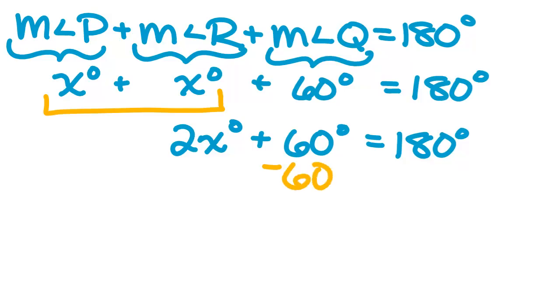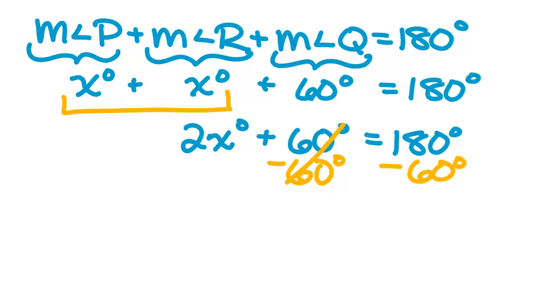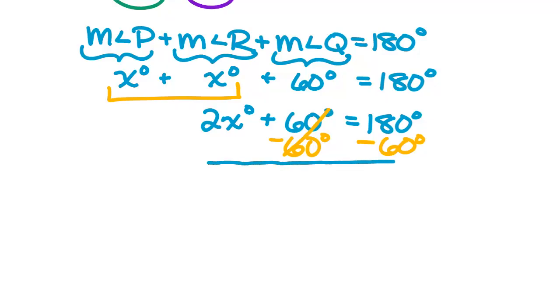What happens when I subtract 60 from both sides? What is 180 minus 60? 120. And then I'm going to divide both sides by 2. And that means X is how big?